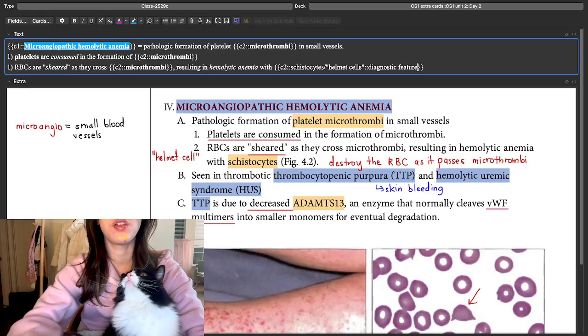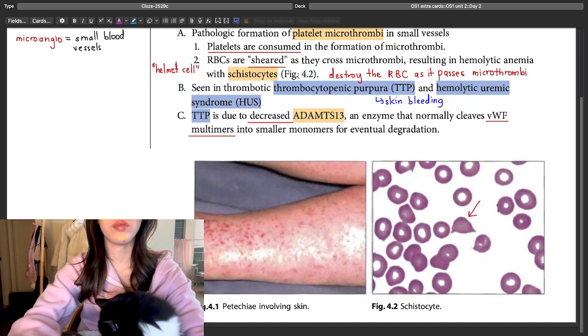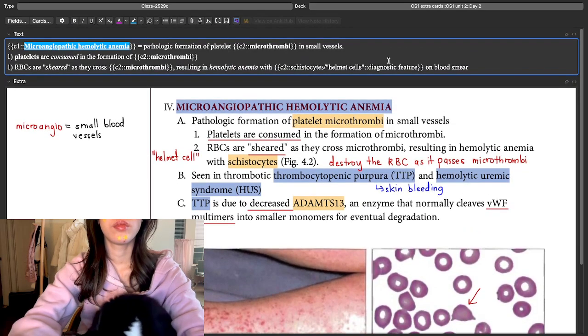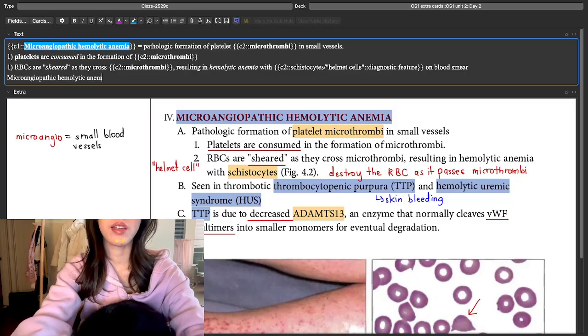Diagnostic feature. Microangiopathic hemolytic anemia is seen in thrombotic thrombocytopenic purpura, TTP, and hemolytic uremic syndrome.